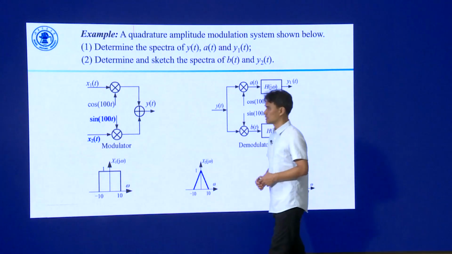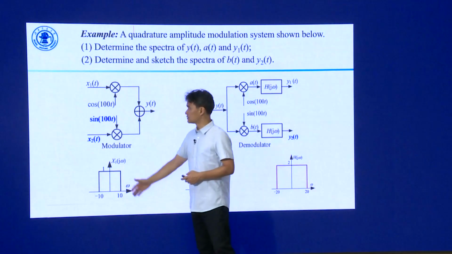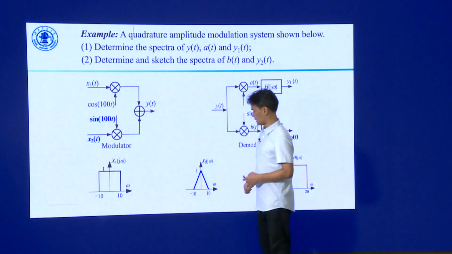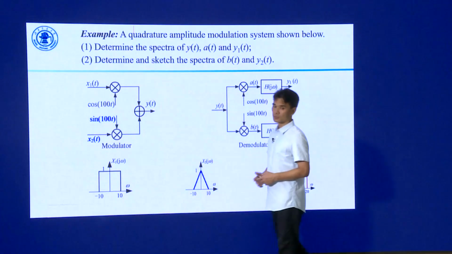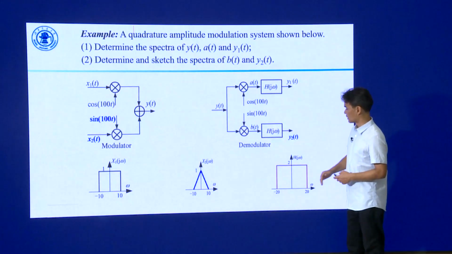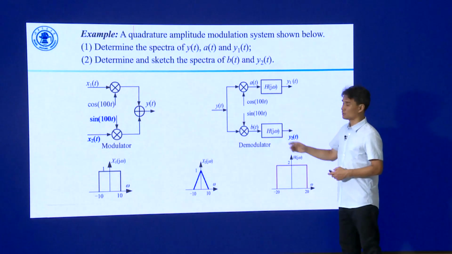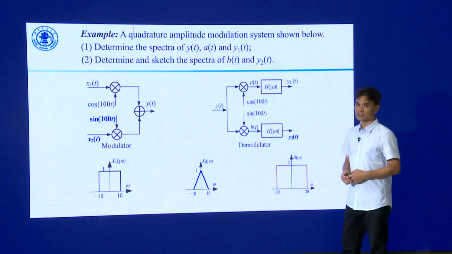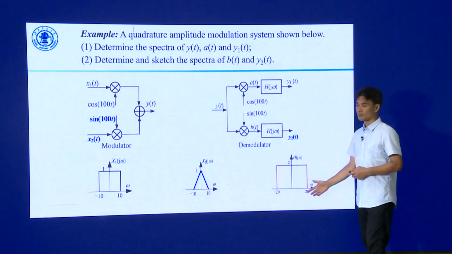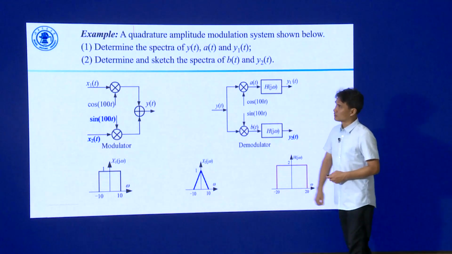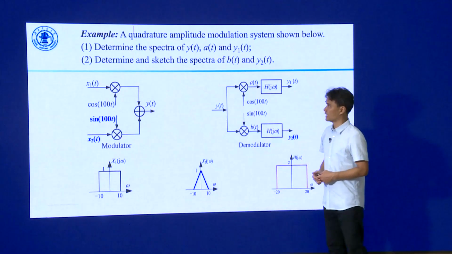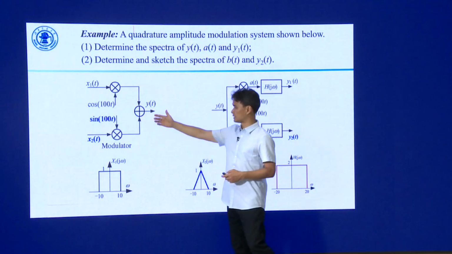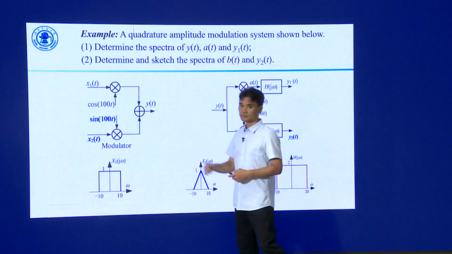Assume that the spectrum for this signal and the spectrum for this signal are given respectively. And we know that these two are ideal low-pass filters. The question is, could you determine the spectrum of the modulated signal?